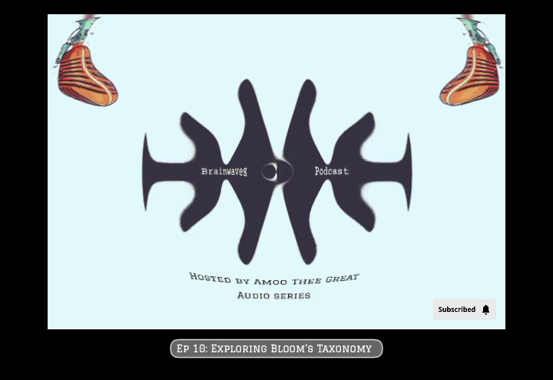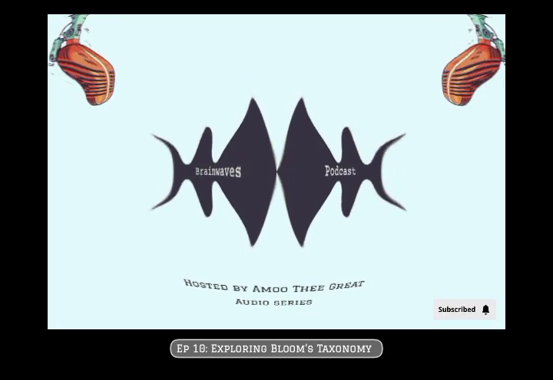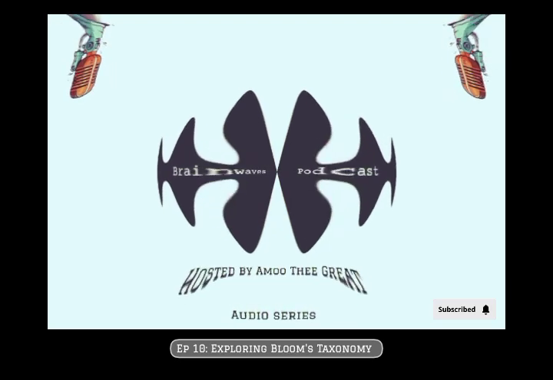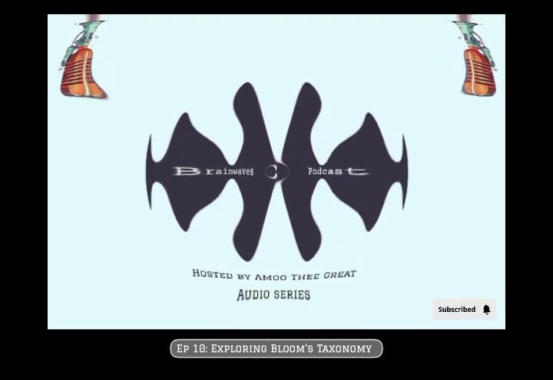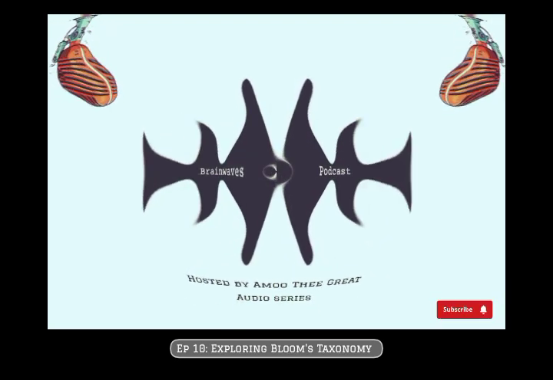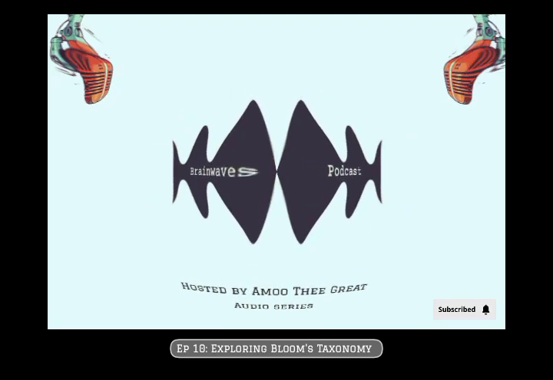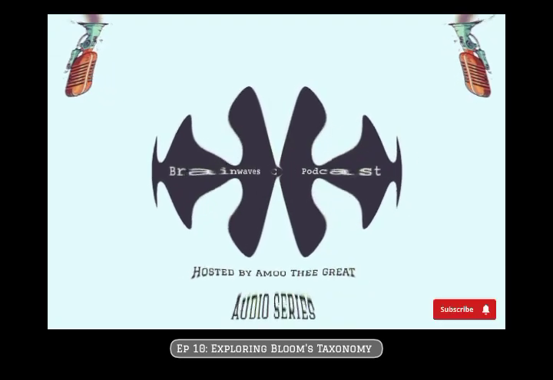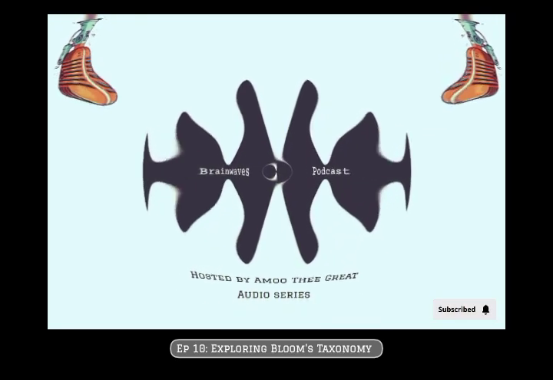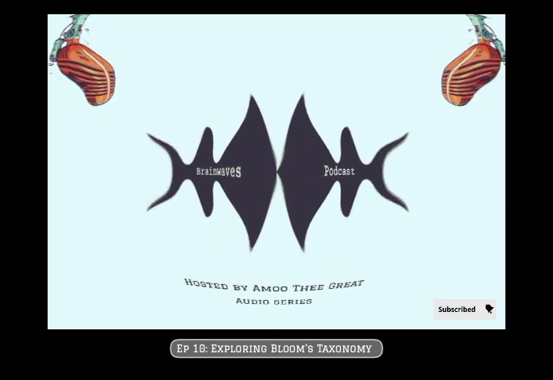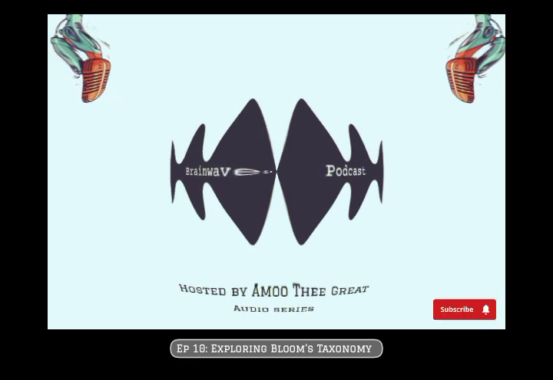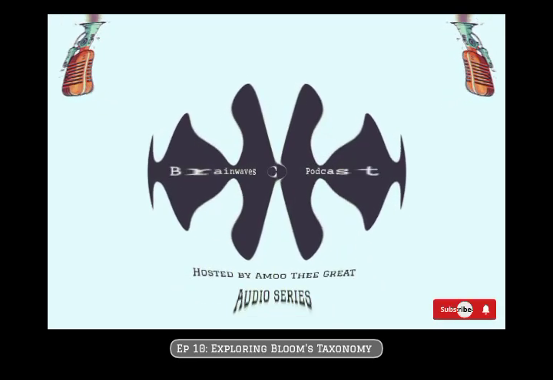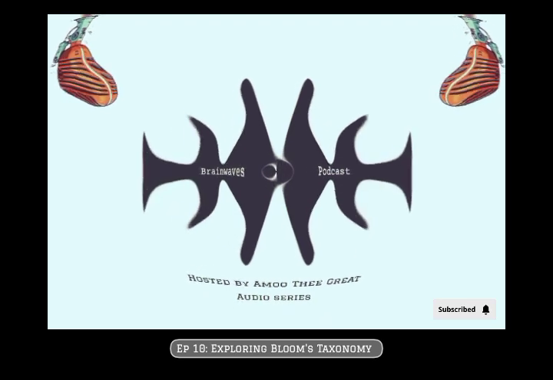So, why is this framework so important? Bloom's taxonomy helps educators create lessons that cater to different levels. It also encourages a shift from rote memorization to deeper learning. For students, understanding these levels can improve self-awareness.